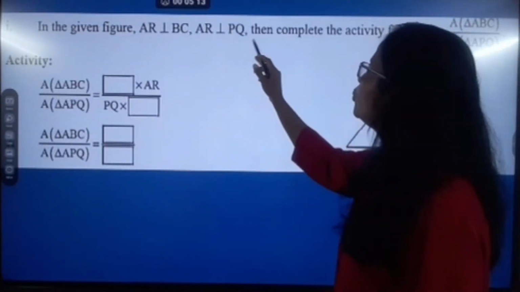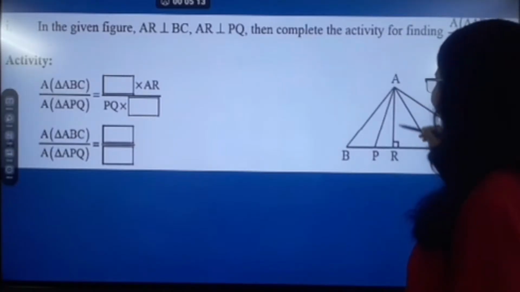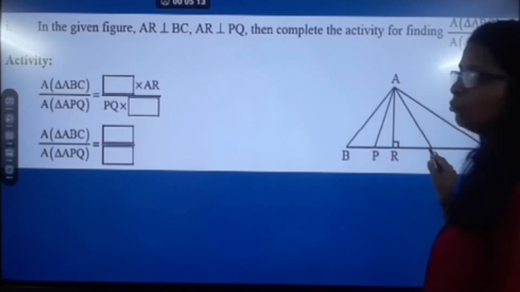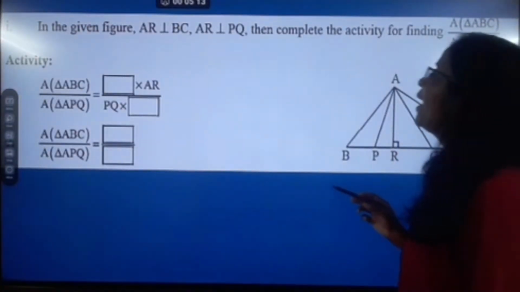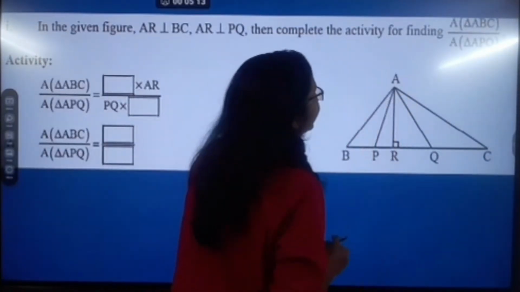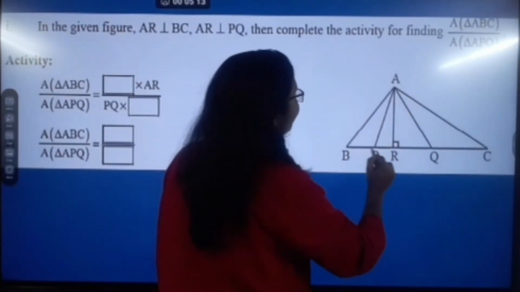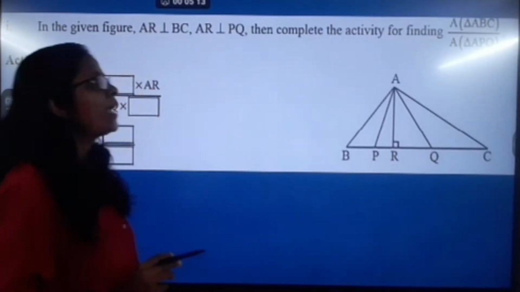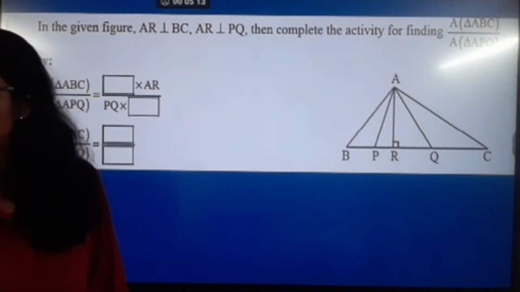AR is as well perpendicular to PQ, students. Then complete the activity for finding the area of triangle ABC upon the area of triangle APQ.